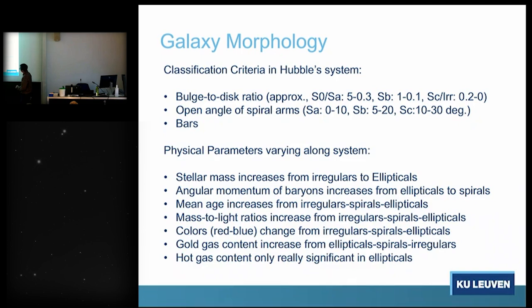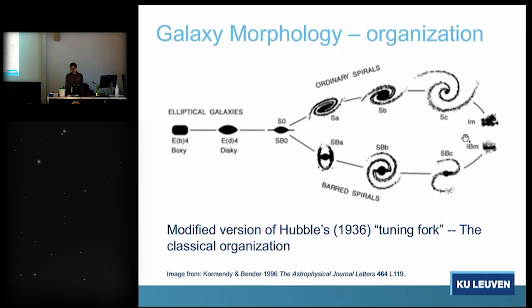And the physical parameters also vary along the Hubble system. Stellar masses increase typically from irregulars to ellipticals. So irregulars are typically smaller in mass, whereas the largest galaxies, the most massive galaxies that we know, are ellipticals on this end.